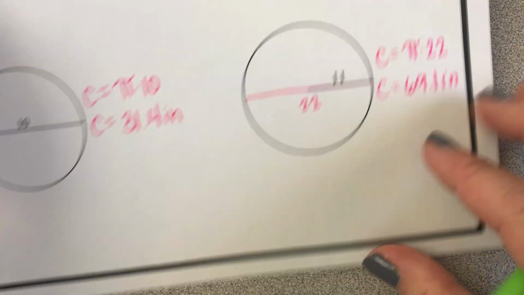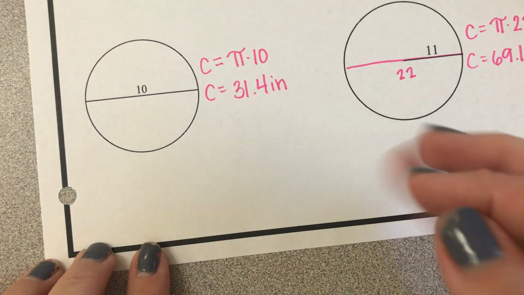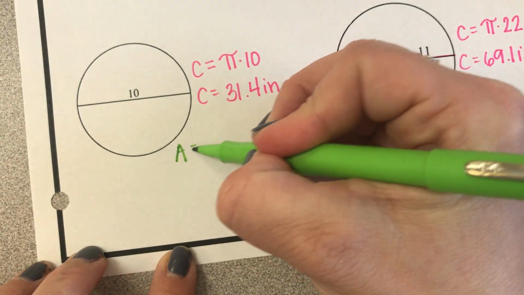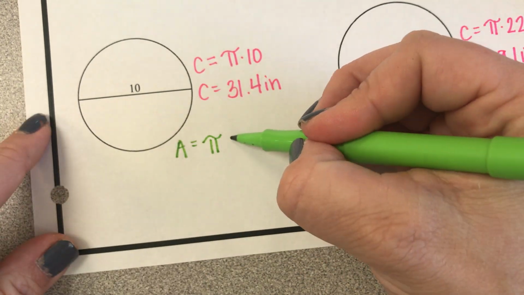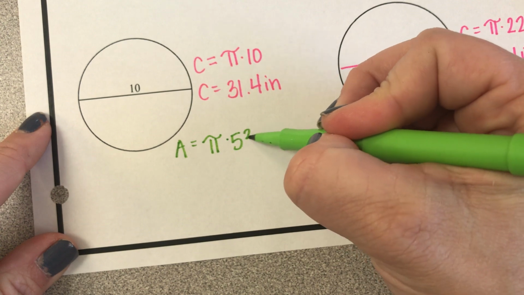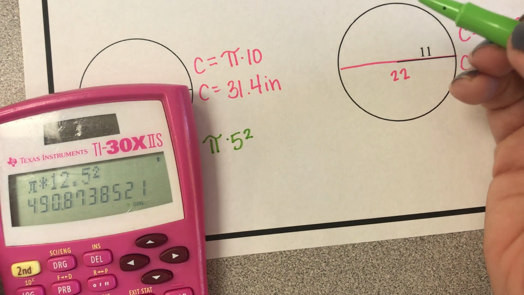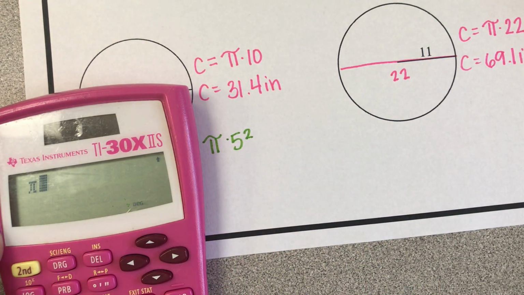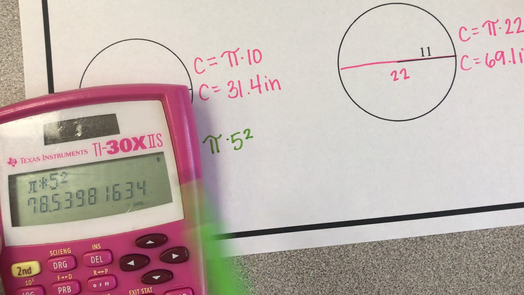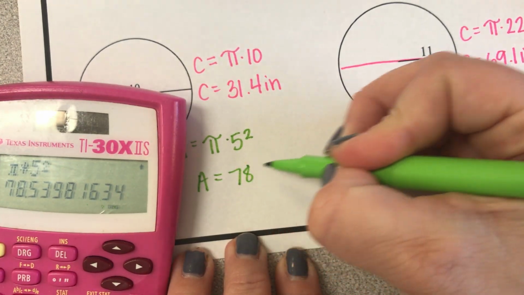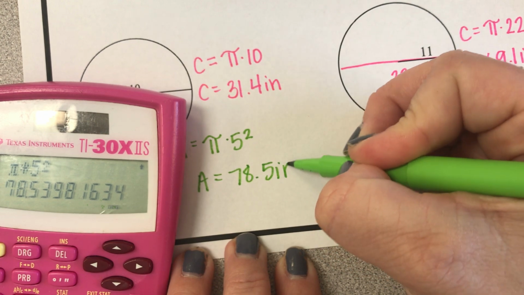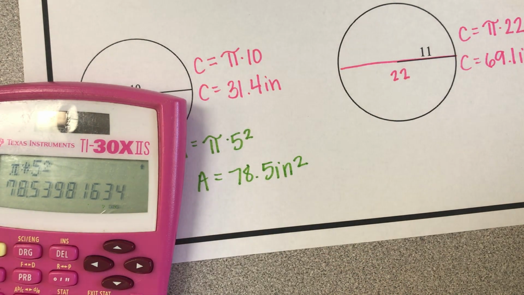And then let's find the area of the bottom two circles. Area is pi times the radius. If 10 is the diameter, what's the radius? 5. So pi times 5 squared is 78.53. The 3 is not 5 or more, so area would be 78.5 inches squared.